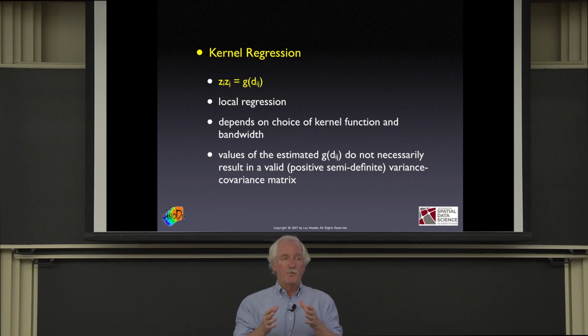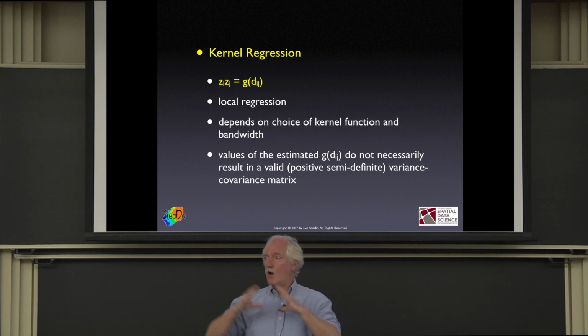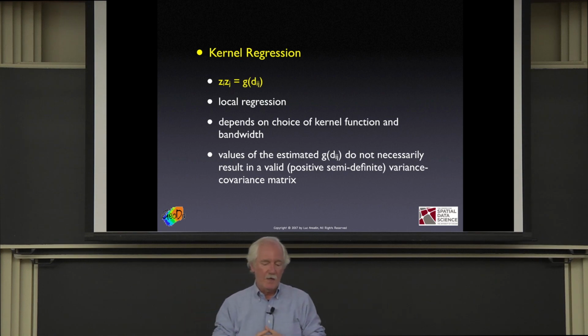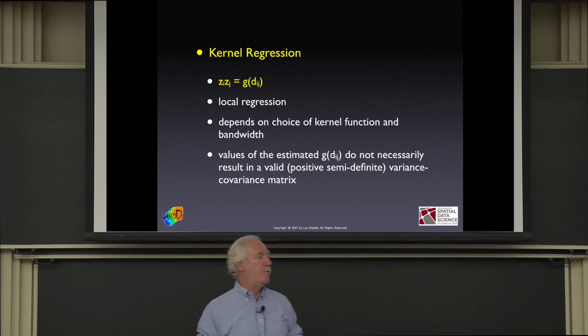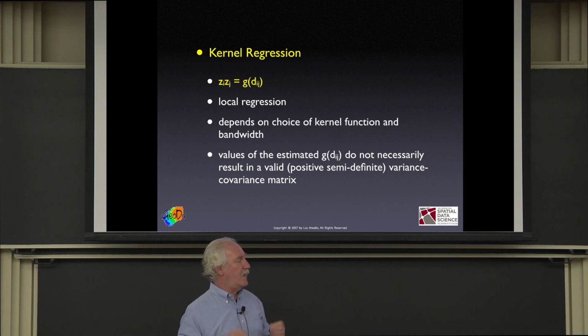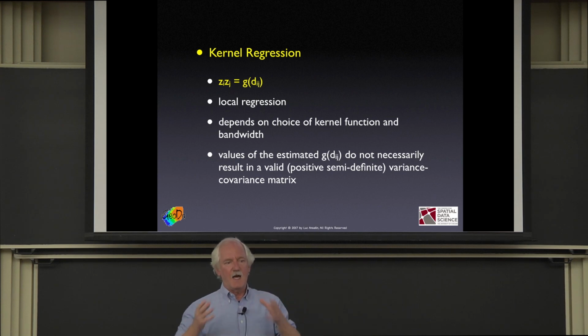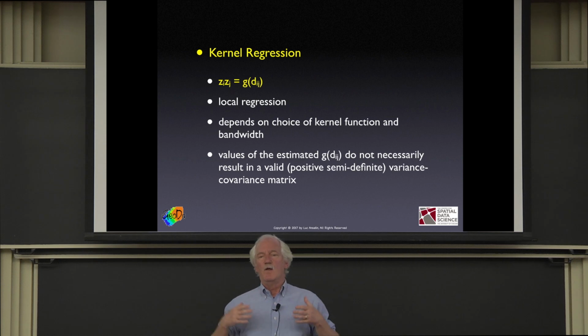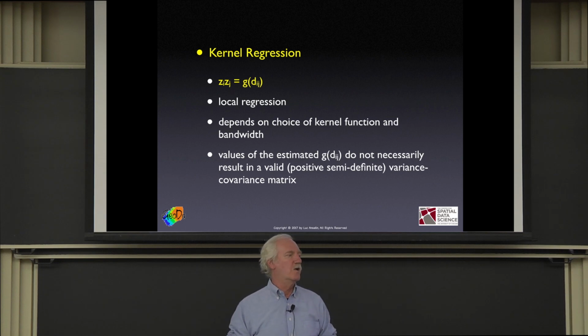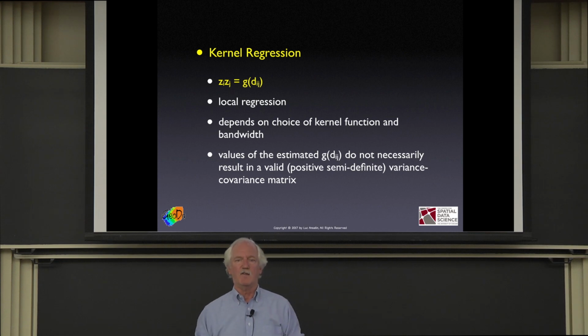It's not just a property of the variance itself, but it's also a property that includes all the covariances. And one of the problems with this non-parametric approach is that it does not guarantee that the variance covariance matrix that you end up with is actually positive definite. Now, that's a bit of a technical notion, but it does mean that if you're not careful, you can end up with nonsensical results, like negative variances.